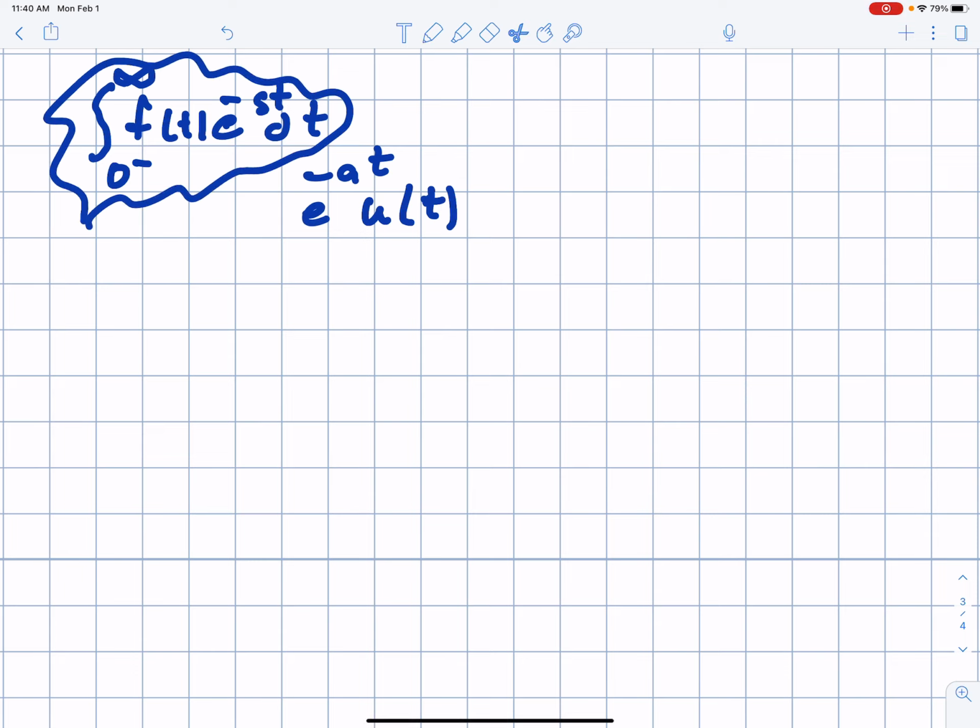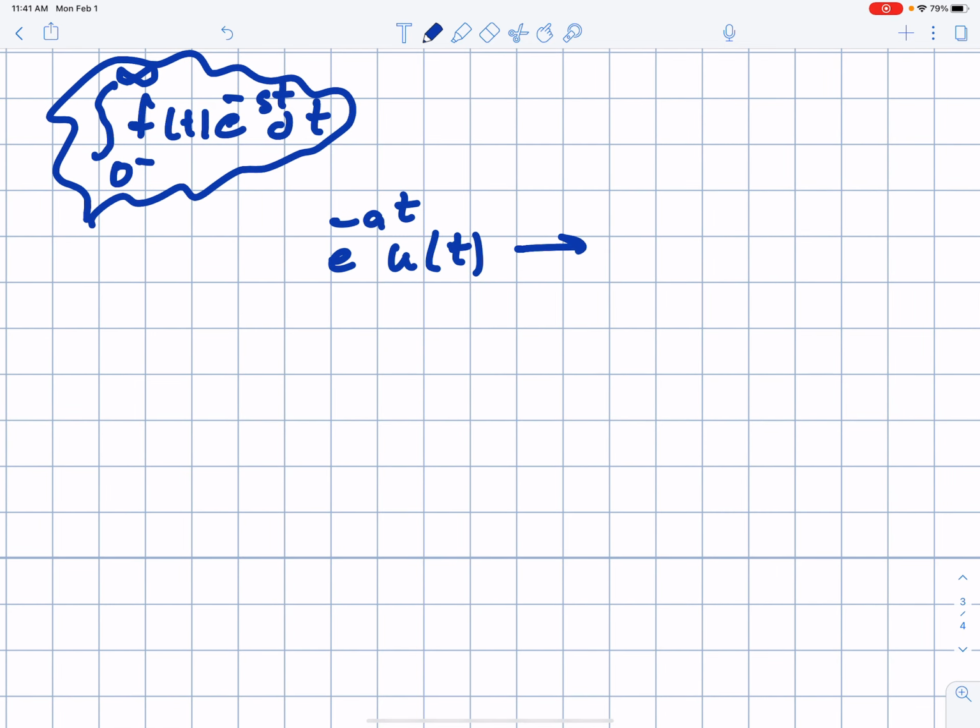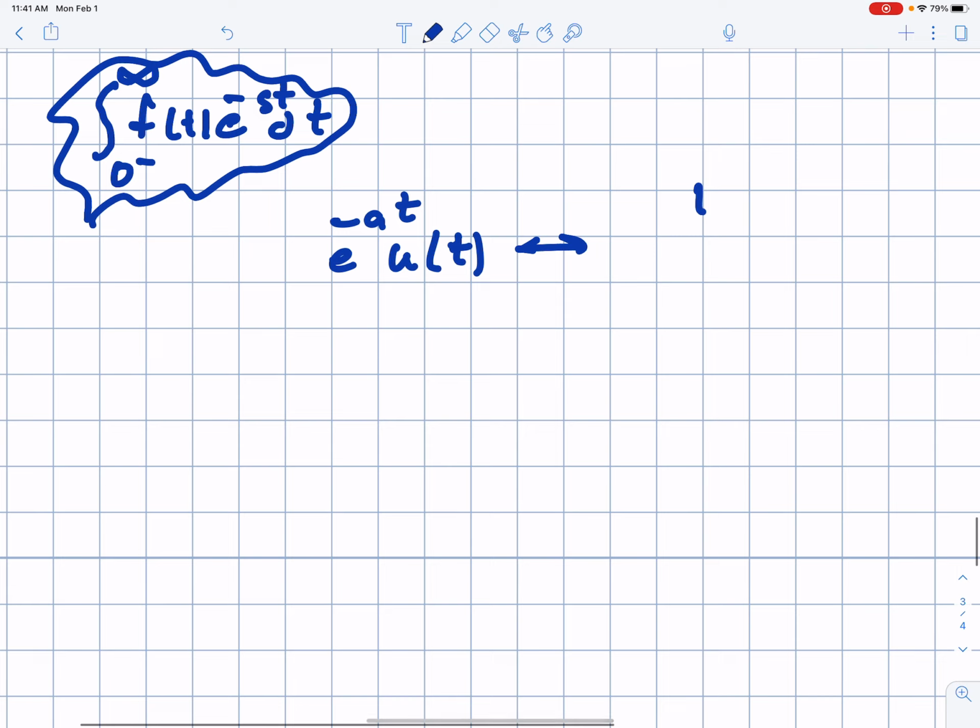So the unit step wouldn't be necessary because we're only looking at positive time values. But I go ahead and put that in just because it helps me keep mental track of I'm turning on an exponential at time equals 0. Okay, so when you look up this transform or compute this transform, it's 1 over s plus a.